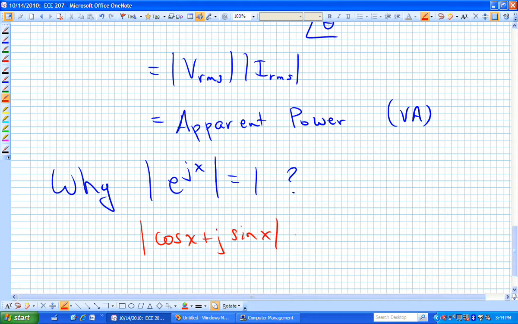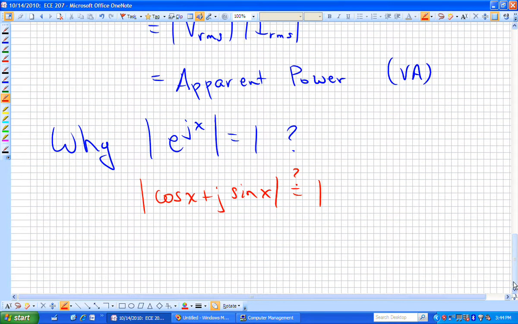That's Euler. Now you should feel comfortable with the magnitude of a complex number being the real part squared plus the imaginary part squared, square rooted. Meaning we take the real part and that gives us cosine squared.